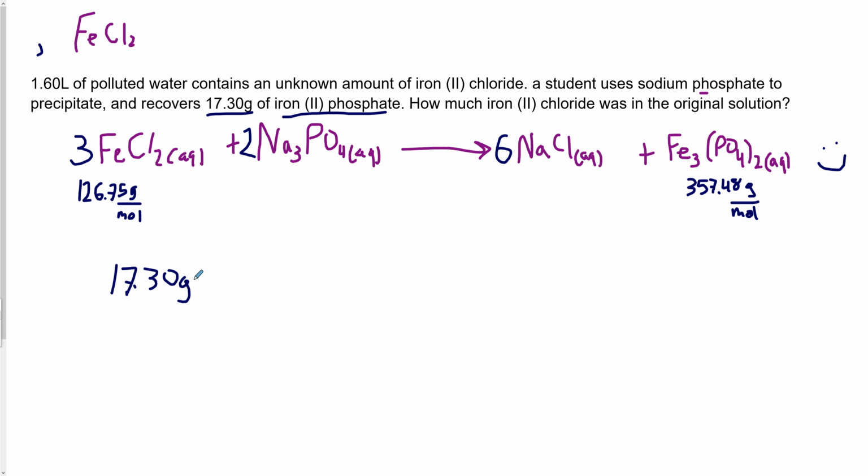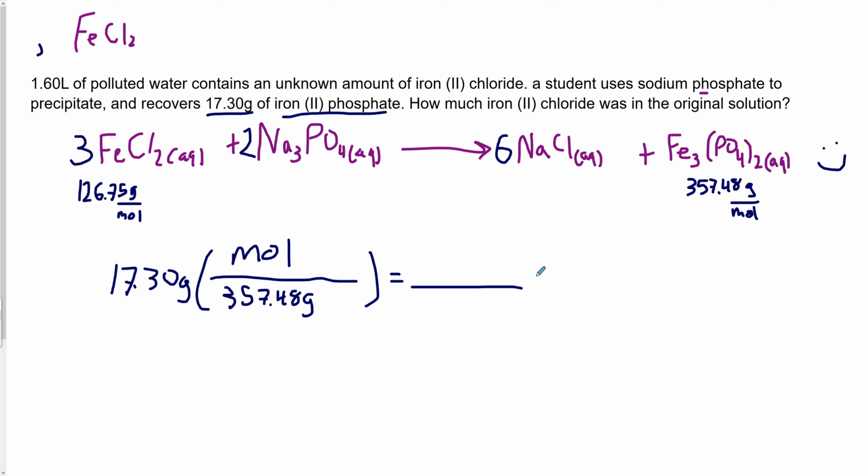We are going to convert grams of iron phosphate to moles of iron phosphate using my molar mass, 357.48 grams per mole. We know that my answer is going to be in moles because that's like the whole point. So 17.3 divided by 357.48. Oops, I multiplied by accident. Whoops.